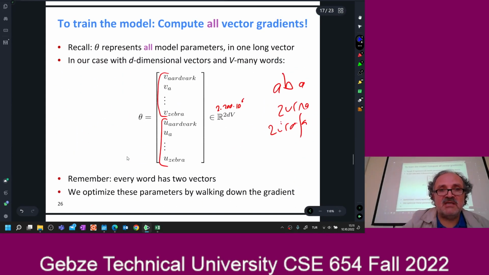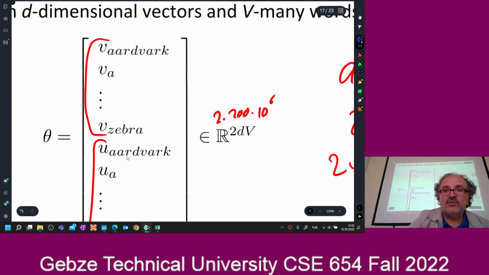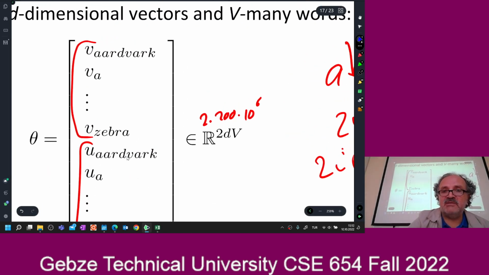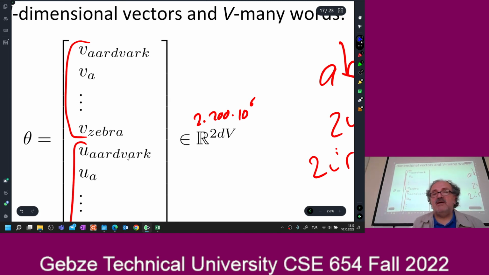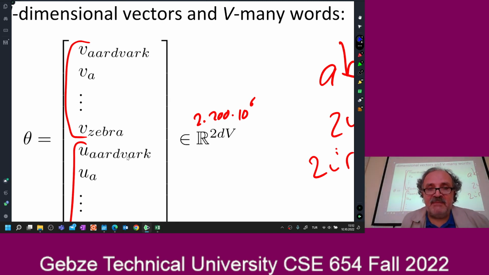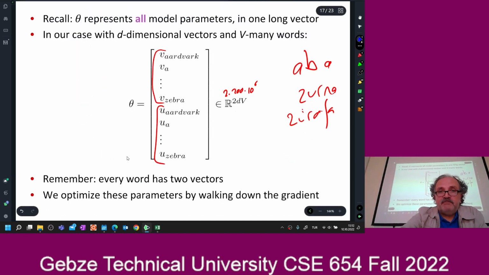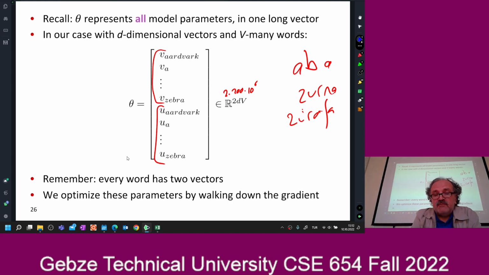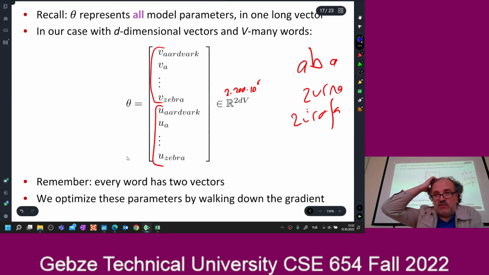And we start with such a large theta. In this theta, I have 2 times 200 times 10 to the 6 elements. Very large vector, and each vector element is just a real number, and I need to find the optimal values for each of them.